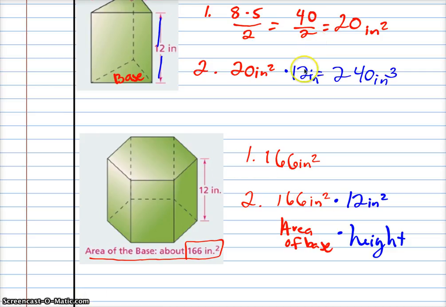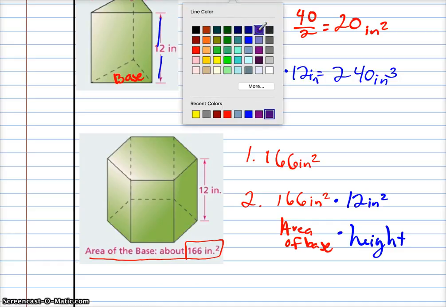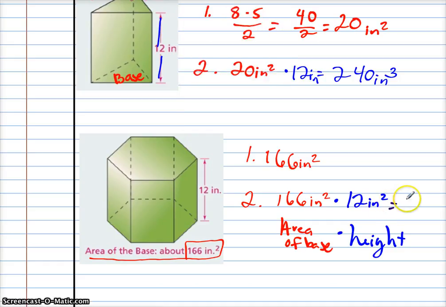So 166 times 12, our total volume is going to be 1,992 inches cubed. Again, that's a squared value, and this should be a 1 value. I labeled that incorrectly. A 2 value and a 1 value makes me a cubed value when I'm multiplying. Volume is so much easier, so volume's finished.